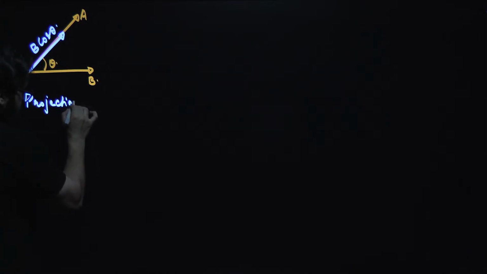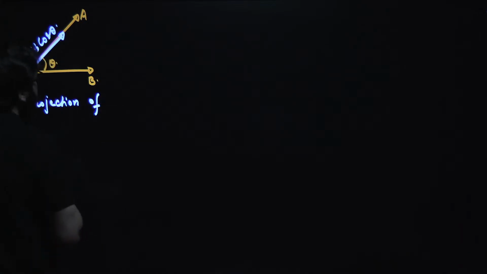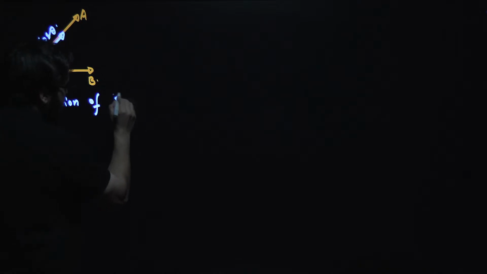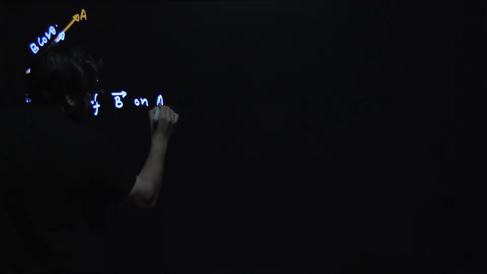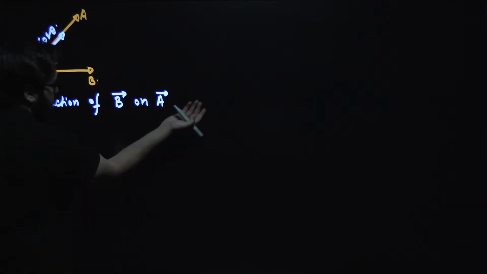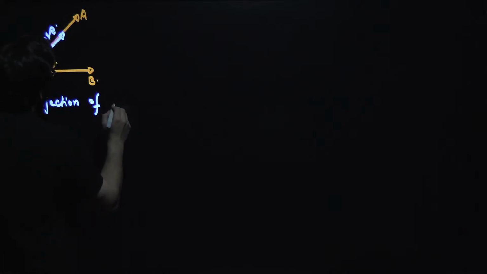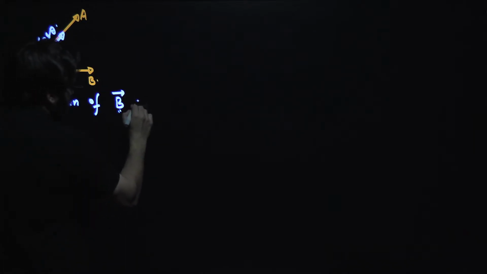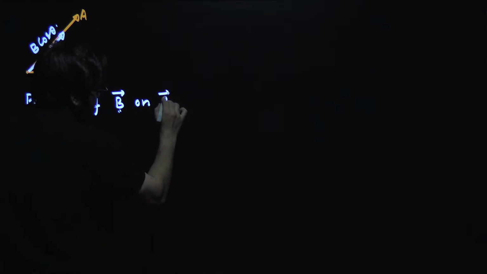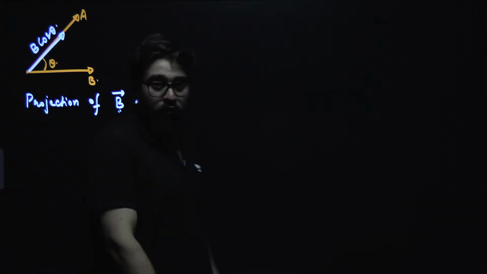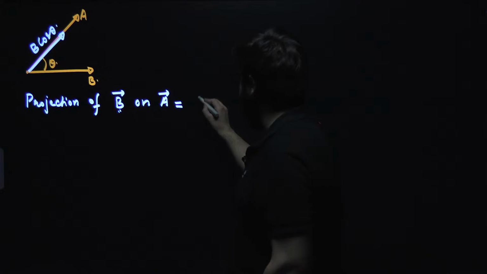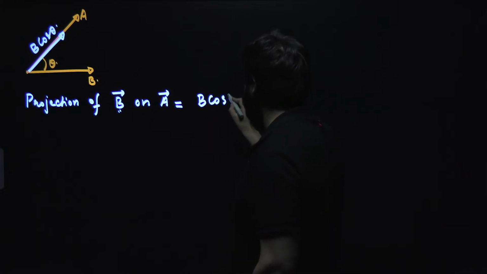Now, can I say over here, the projection of B vector on A vector is simply B cos theta.